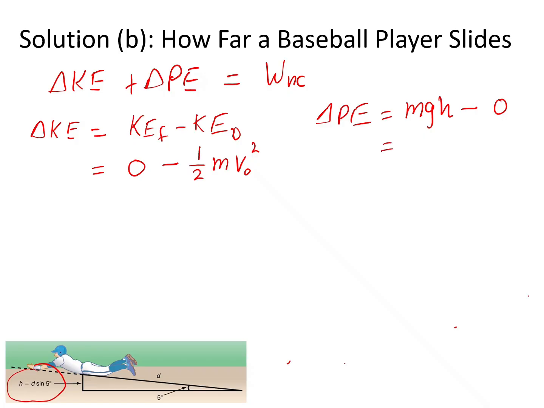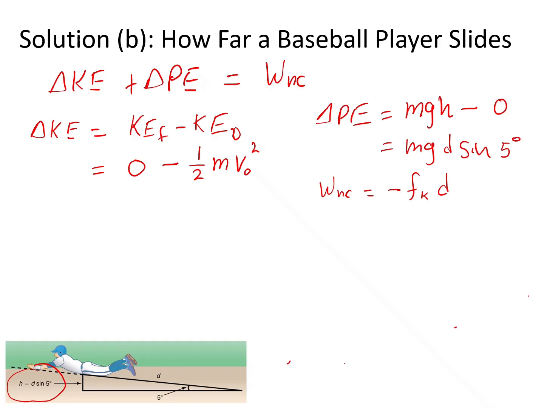so we can write this as m g d sine 5 degrees. And the work done by the non-conservative force is again negative Fk times d, the work done by the kinetic frictional force.